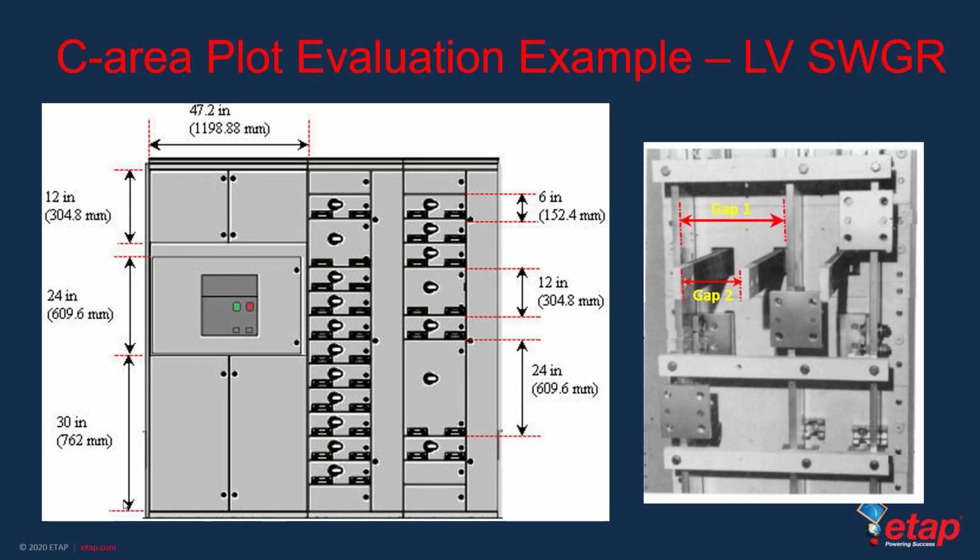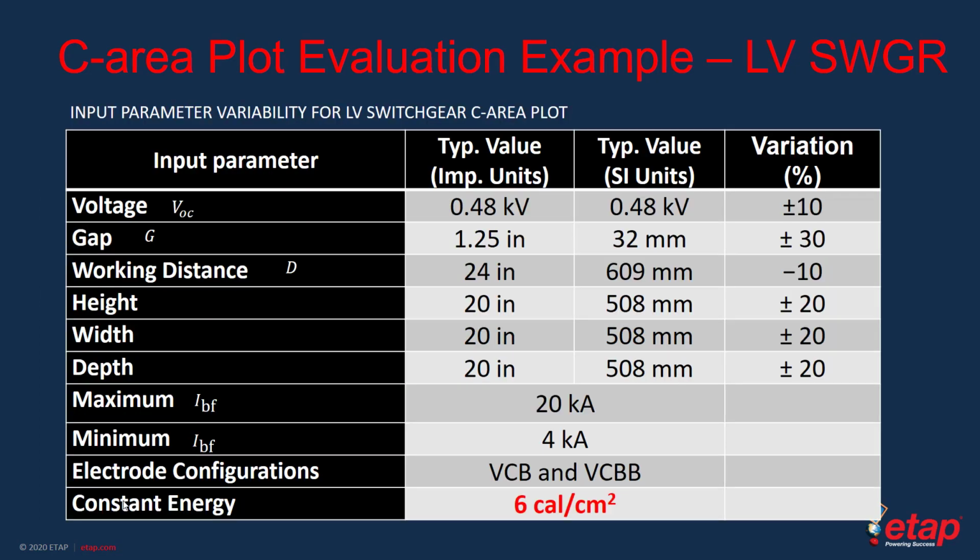Having considered the variation in each width and height, we can proceed to give numbers to these variations. And this is also a very important step in the application of C area plots, which is to identify what is the range of variation on each of the parameters for the C area plots.